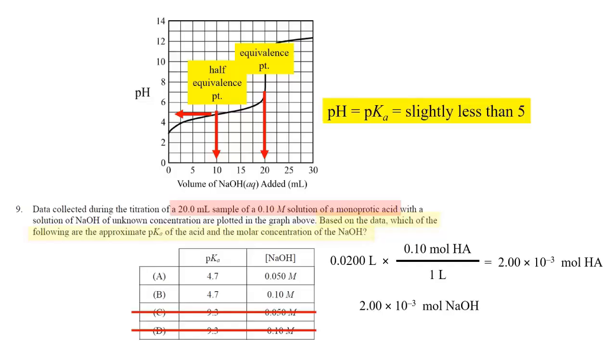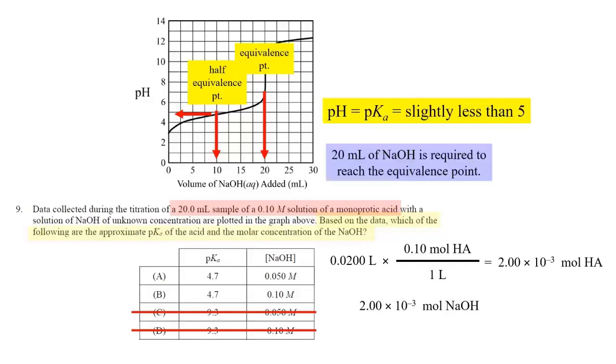So where on the x-axis would I find the equivalence point? I can see 20 milliliters. So the equivalence point tells me that 20 milliliters of sodium hydroxide is required to reach the equivalence point. I'm not going to divide by 20. I'm going to divide by that volume in liters. So I divide 2 times 10 to the negative third by 0.02 liters.